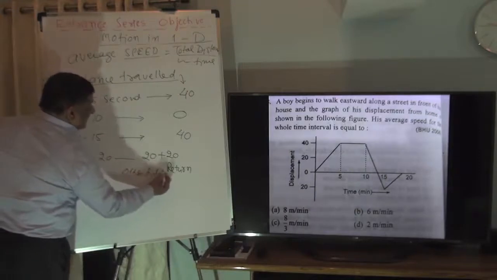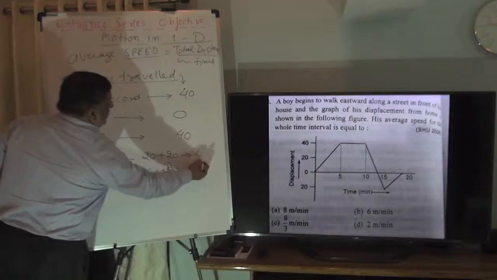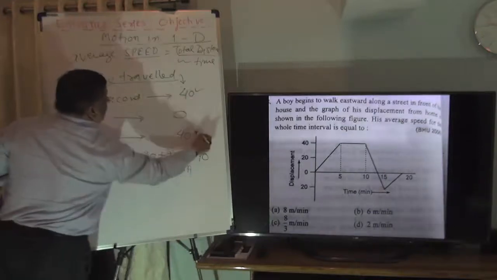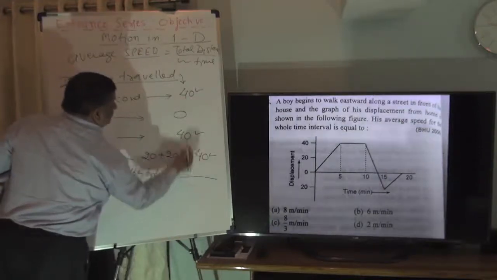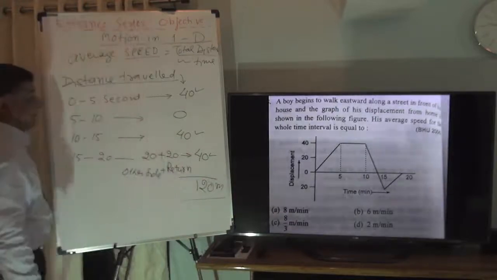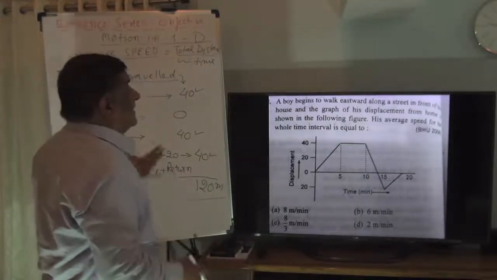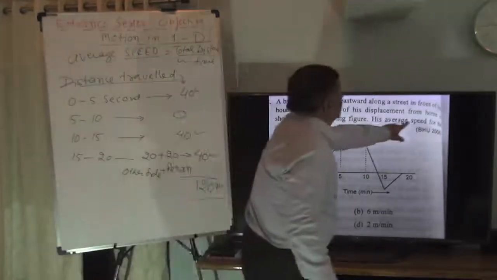Other side return. तो ये कितना हो गया? 20 plus 20, 40. Now you see how much he has travelled. 120 meter. Is there any option? 120 meter. We had to find out the average speed.